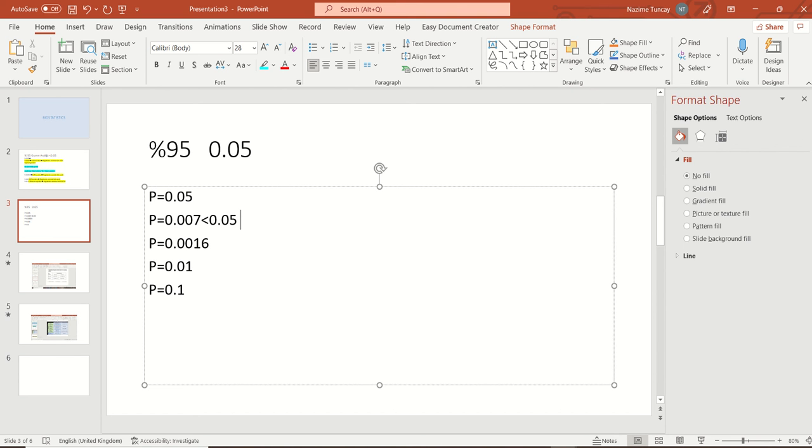Therefore, we say that there is a significant difference between the measurements. So this is H1 accepted, because there is a difference, and H0 rejected.